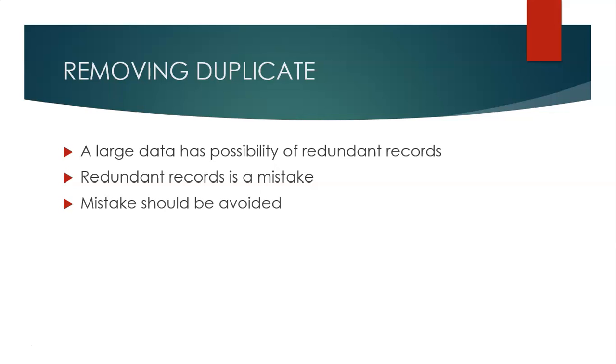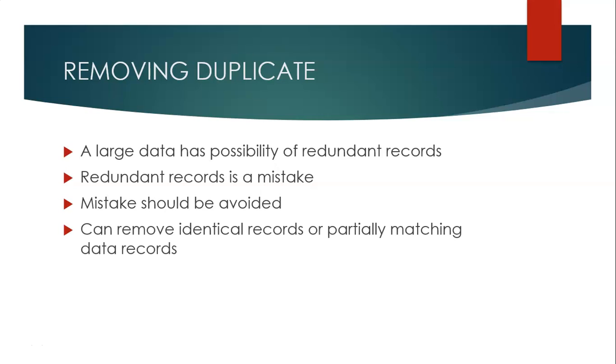And if your database has mistakes, your report will not be as accurate as you intended. So the remove duplicates feature in Excel can remove identical records or partially matching records. If you are sure that those records are duplicated, you can delete one of them, and only the actual record will remain in the database.